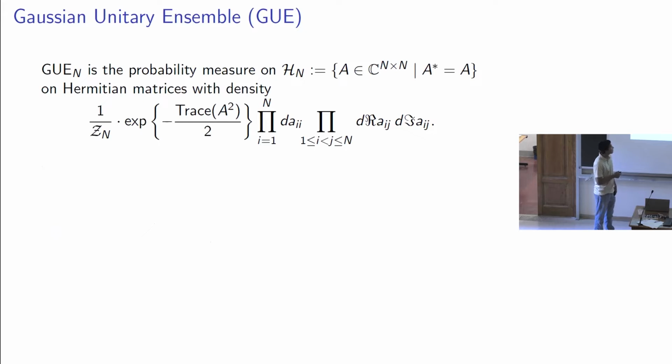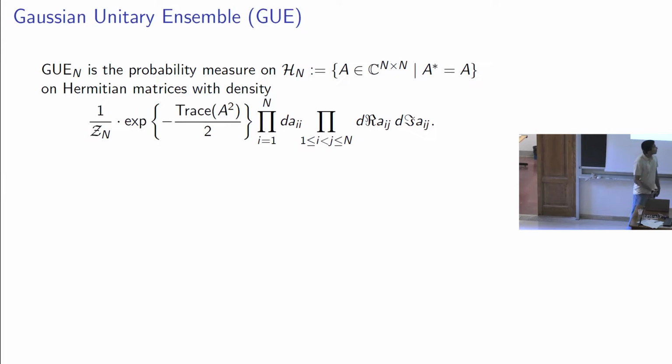So the space is Hn here. The complex Hermitian matrices form a real-dimensional vector space, and this is the Lebesgue measure on that vector space. The density is proportional to this expression, exponential of minus trace of A squared, divided by 2. And this Zn is just a normalization constant.